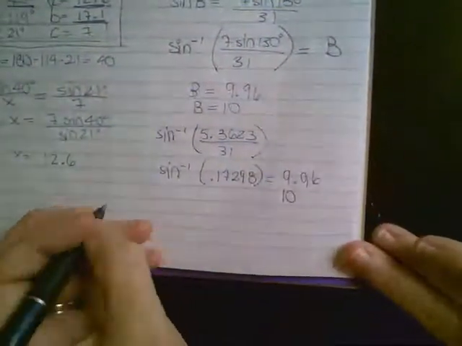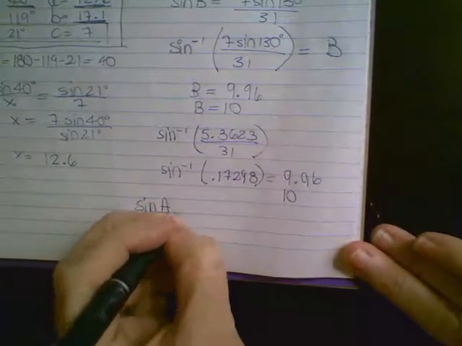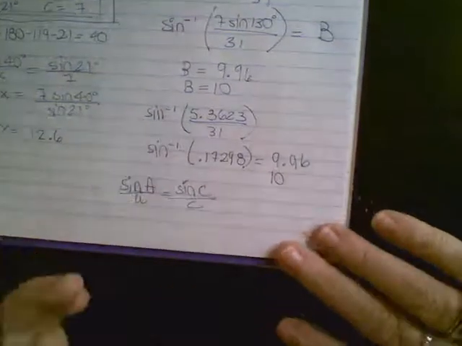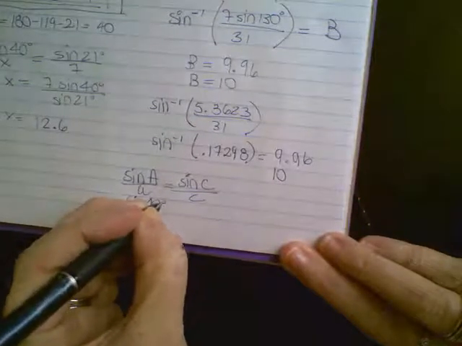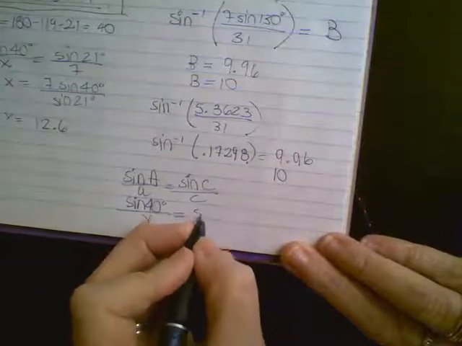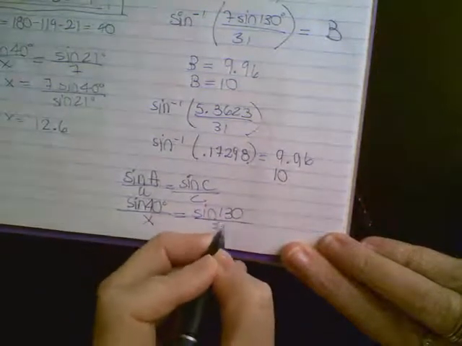But we're going to use sine of A over A is equal to sine of capital C over C. So that was sine of 40 degrees divided by what I'm solving for, equals sine of 130 divided by 31.